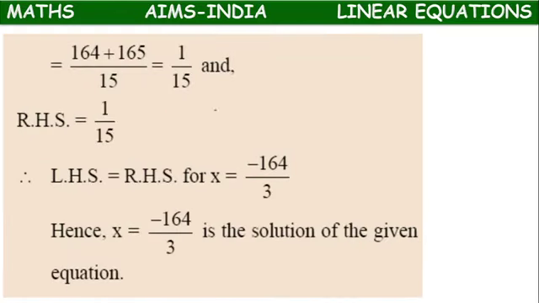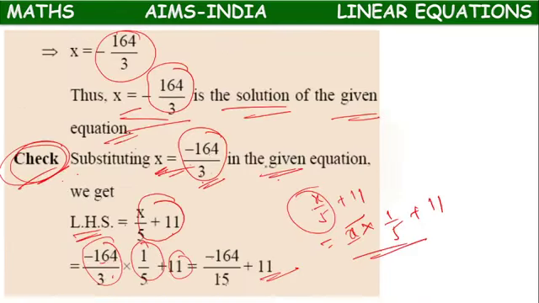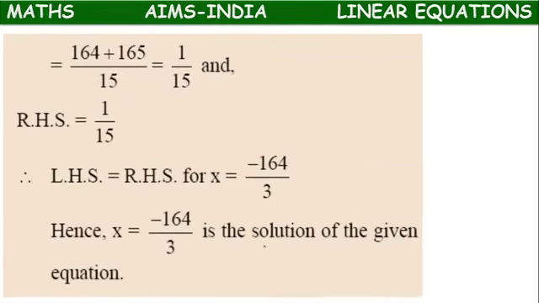So what we can do here? We can take the LCM. 15 into 11 is 165, so here minus 164 plus 165 by 15 after taking LCM. 165 minus 164 is 1 by 15. LHS we are getting 1 by 15.